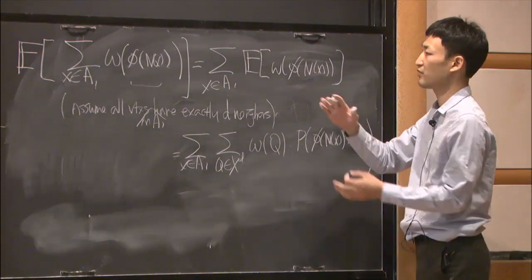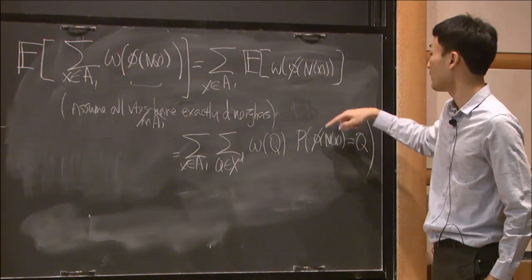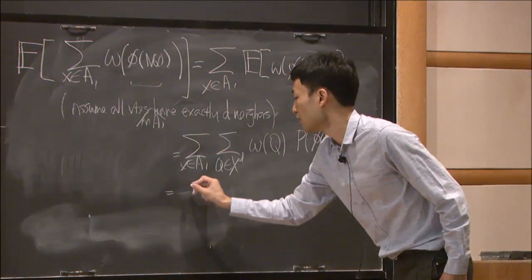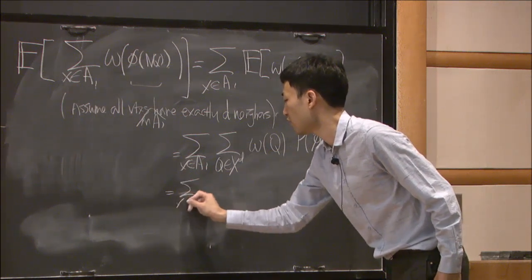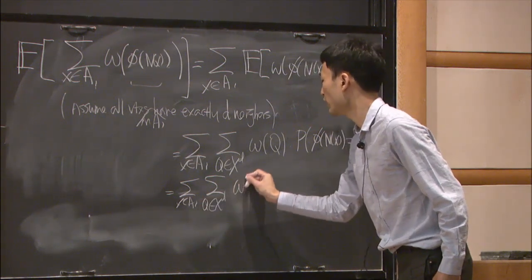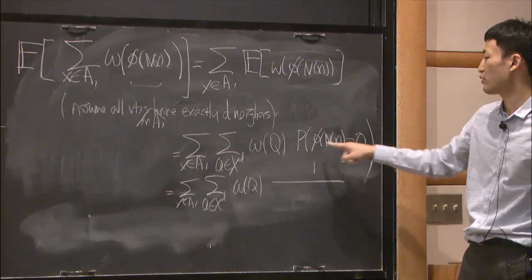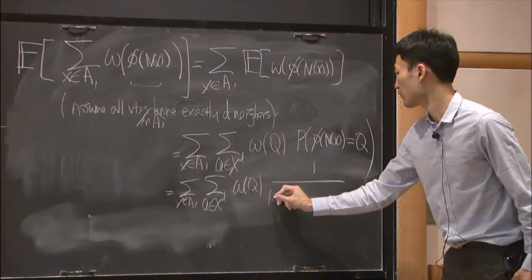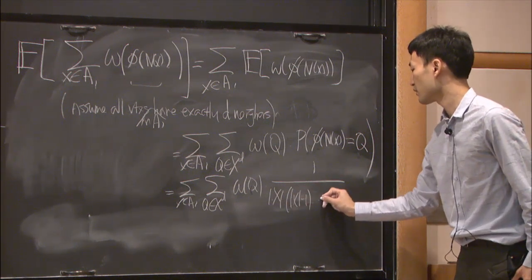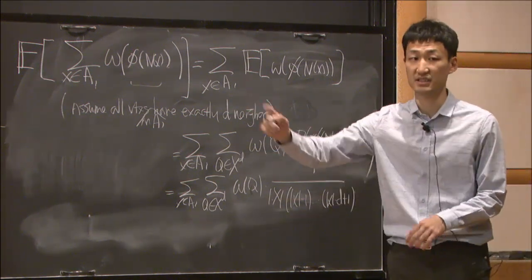So assume the neighborhood is just some ordered D tuple of vertices consisting of the same set. And you can compute this probability exactly. So it's the sum over all A1, sum over Q in X to the D, the defect of Q, times 1 over X, because the first vertex has to go to the first vertex of Q, then the second has to go to the second, X minus 1, and so on down to X minus D plus 1, because I'm looking at a random injection.